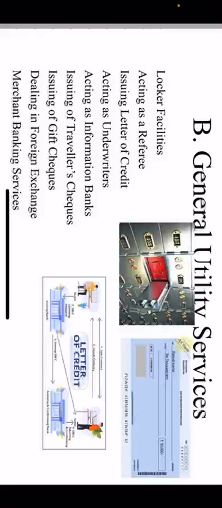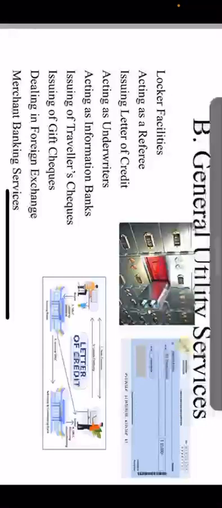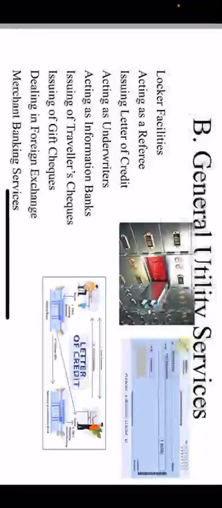Most people these days don't keep gold at home. They use lockers mostly to keep important documents. The next general utility function we have is acting as a referee. Referee here means the middleman. The bank acts as a referee only if it is desired by the customer.